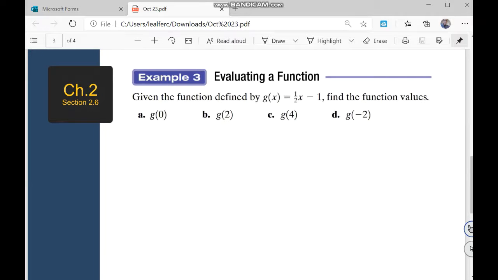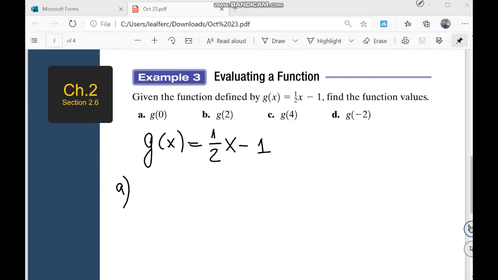Let's say we have a function, g of x equals 1/2 of x minus 1. Okay? And the first example here, find out g of 0. What's going to be g of 0? Well, you come here to the equation, and the equation is this one.